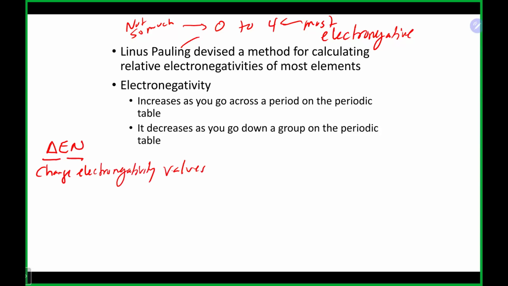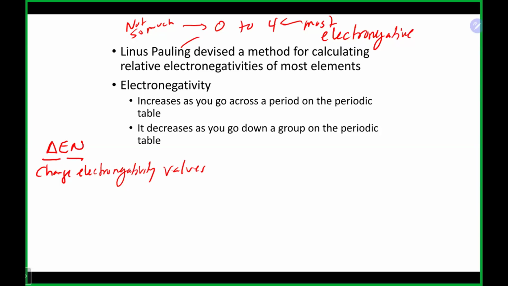Well, you basically use the Pauling scale and you find the two elements that are making that bond, and you find their electronegativity values and you just subtract them. So you subtract the two values. Typically, you subtract the smaller number from the larger, so you get a positive number. Basically, just looking for the difference, really, not negative or positive. So we're just going to subtract the two numbers.